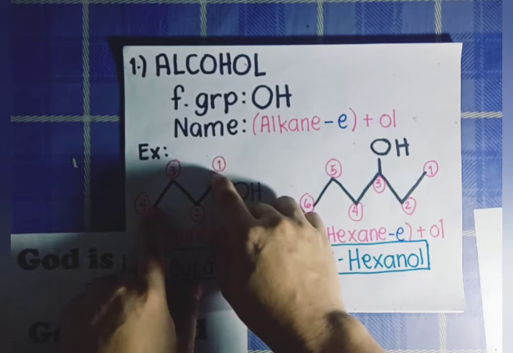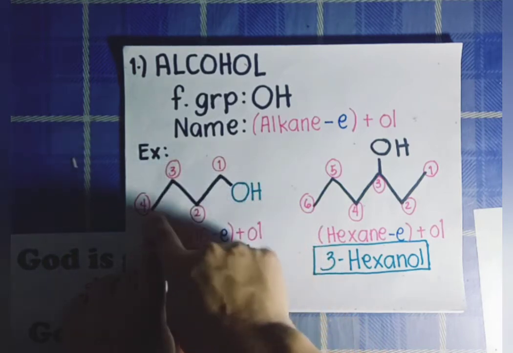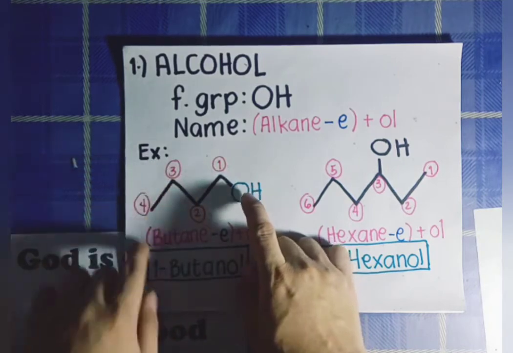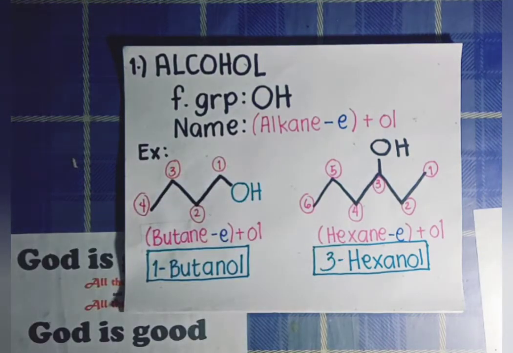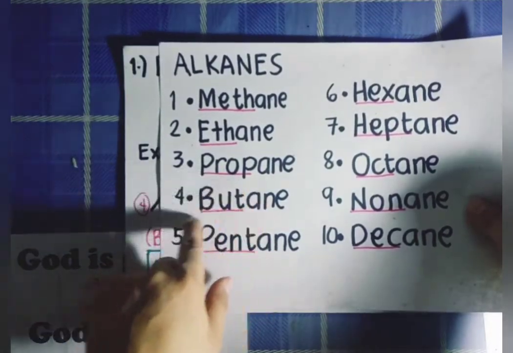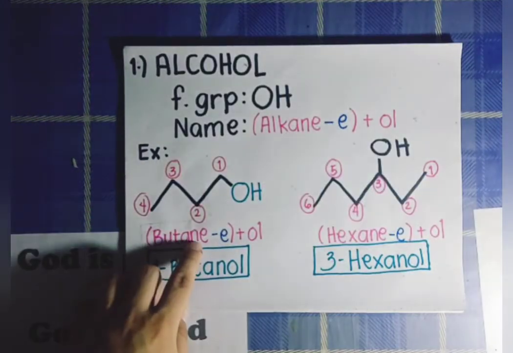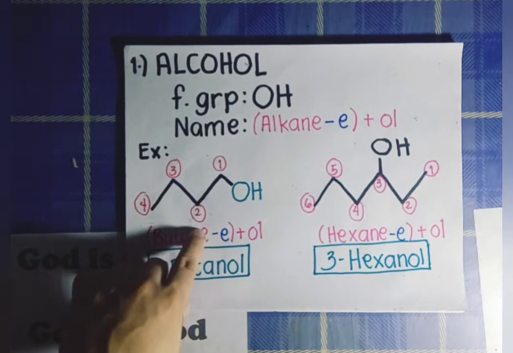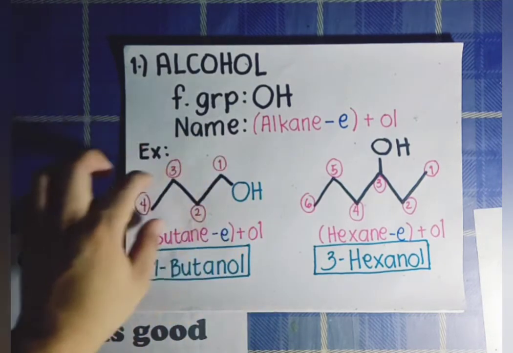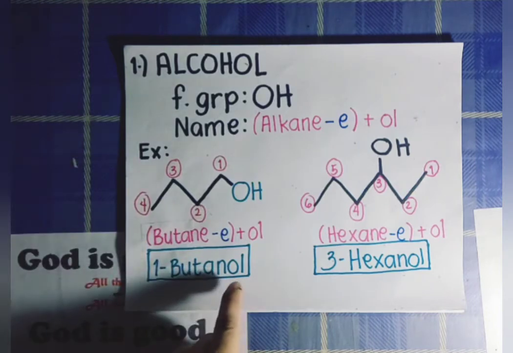Therefore, this will be our carbon number 1, number 2, number 3, and number 4. Okay, obviously we have here 4 carbons, so its parent chain is 4 carbon. Its parent chain is butane, so we are just going to write butane. Minus E, we are just going to eliminate the E in butane, plus ol. So the name of this alcohol is 1-butanol.